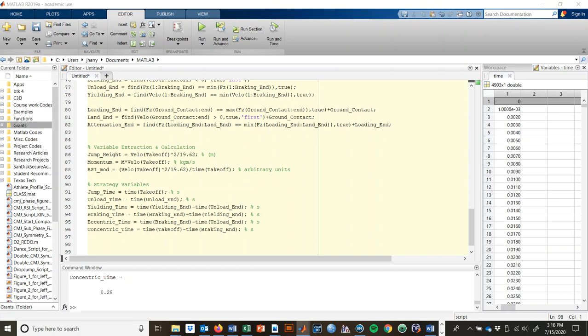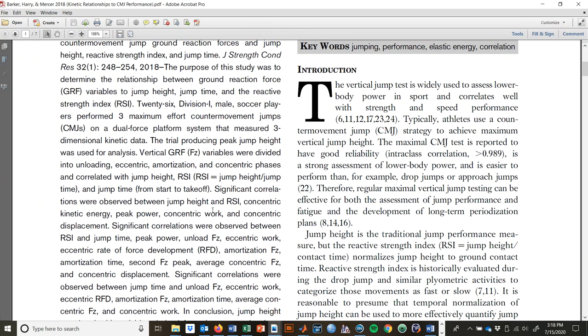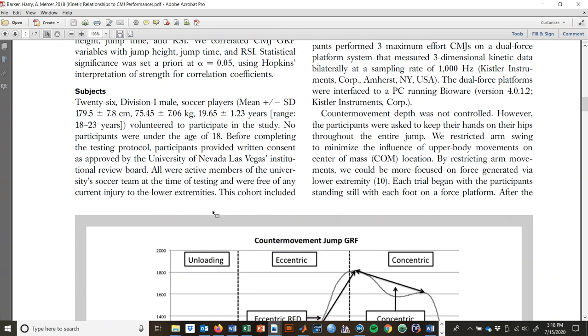Now, there are some papers that have been published previously about the importance of certain variables that we can extract using this phase deconstruction method. One is this paper here from Leland Barker at Creighton University, where he's using relationships among different variables and jump height and RSI mod.